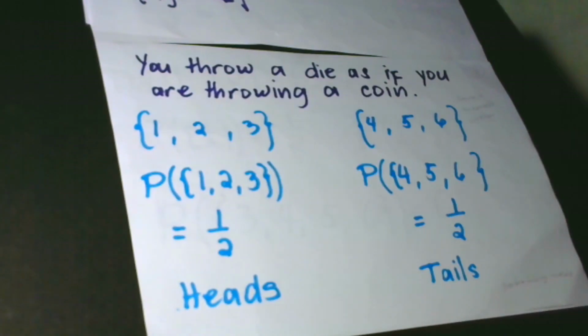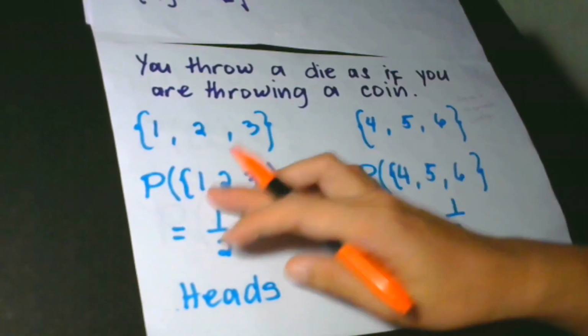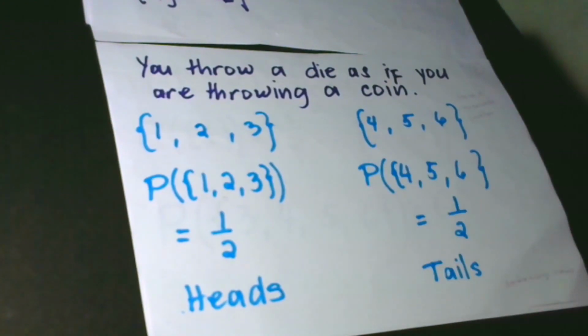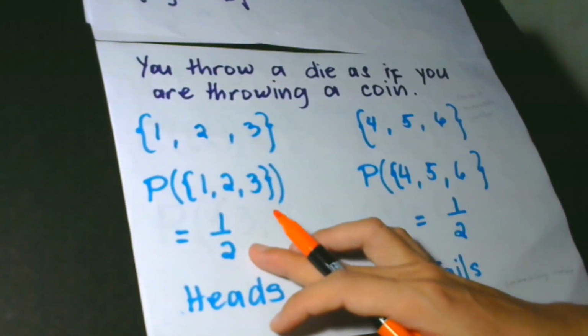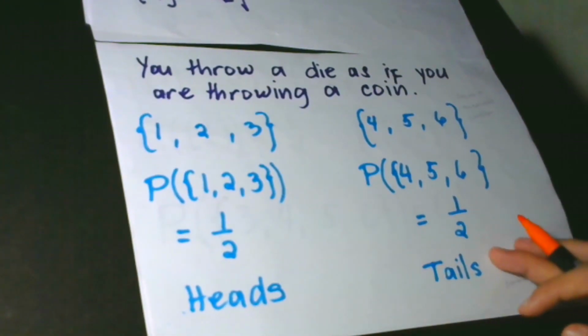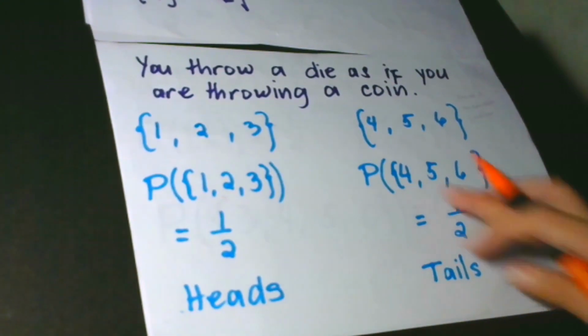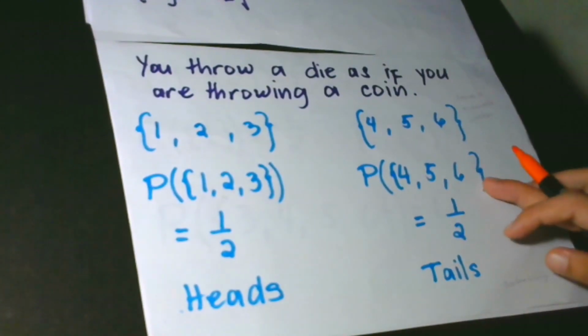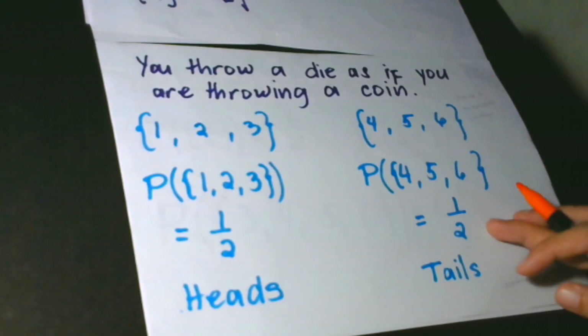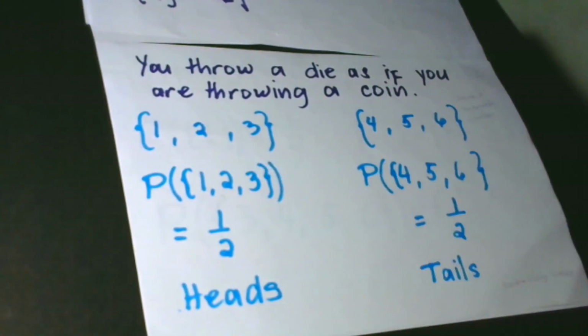So to speak, the probability mass function of 1, 2, and 3 has a probability measure of 1/2. Equally, the probability mass function of 4, 5, and 6 has a probability measure of 1/2. So they are the same.